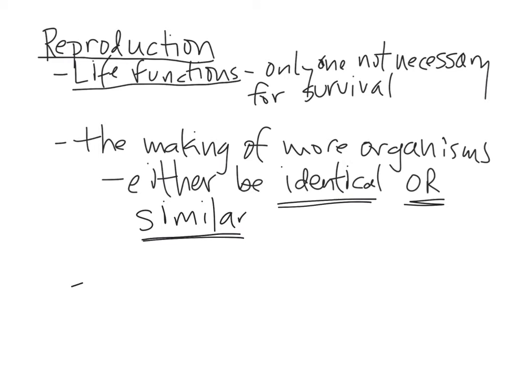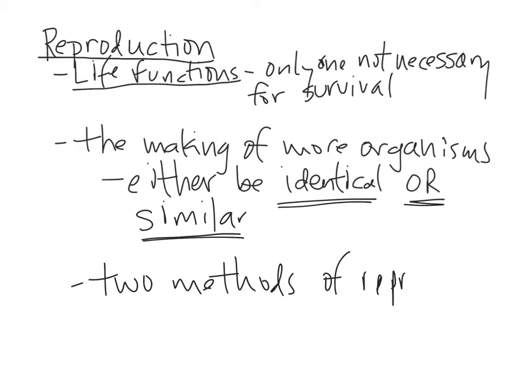So the last thing we've got to do with this basic introduction is to understand that there are 2 methods of reproduction. One of those methods will give you identical offspring. The other one will give you similar offspring.